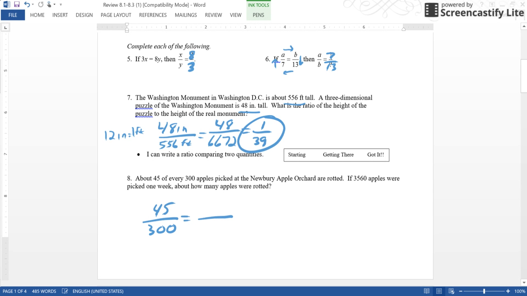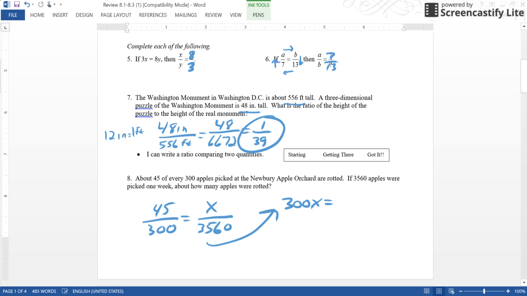And that's going to equal, I don't know how many are going to be rotted for the whole week, but out of the week, the total is going to be 3,560. So the rotted over the total. The rotted, I don't know, over the total. Okay? So I'm going to go up here.